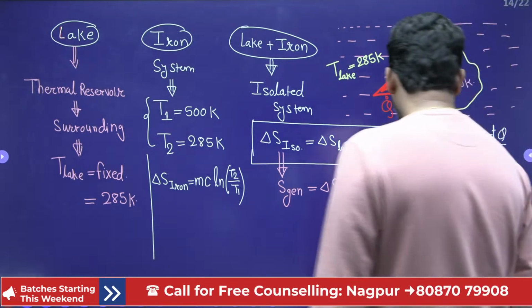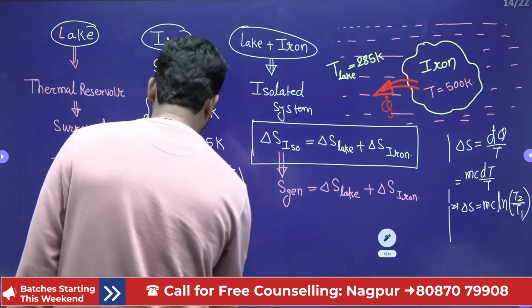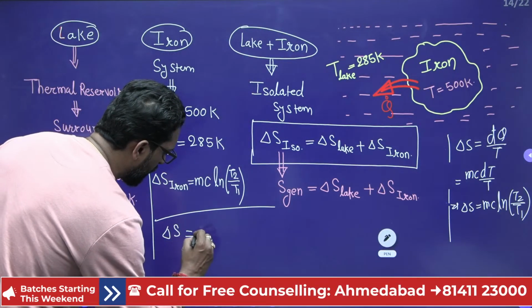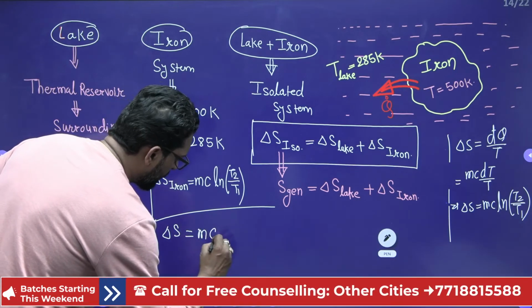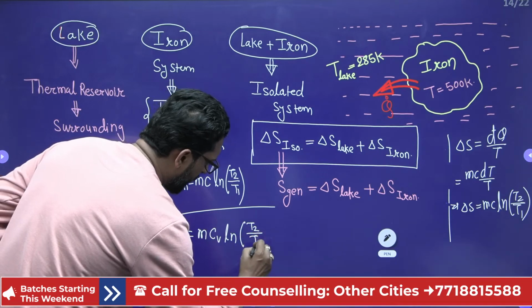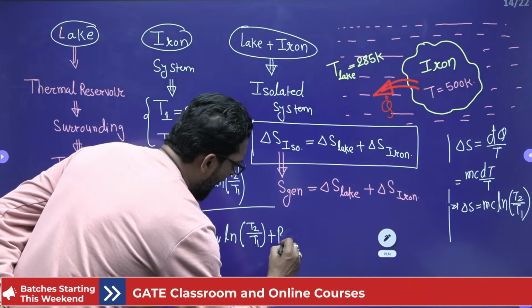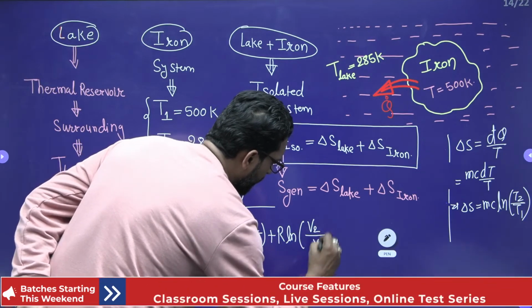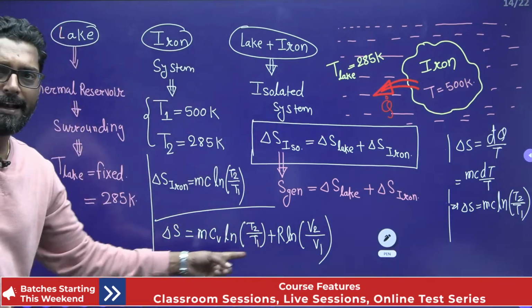Or we can also write that delta S of the system is equal to m Cv ln T2 by T1 plus R ln V2 by V1. We know this was already derived.